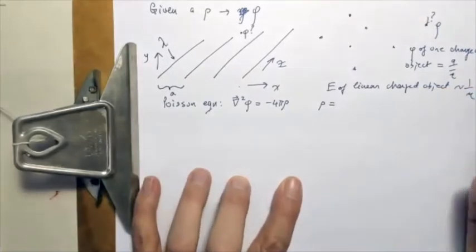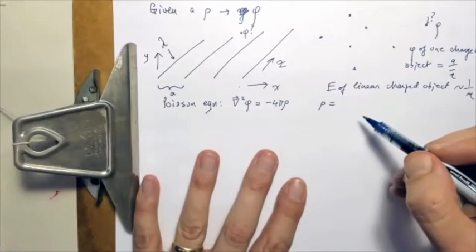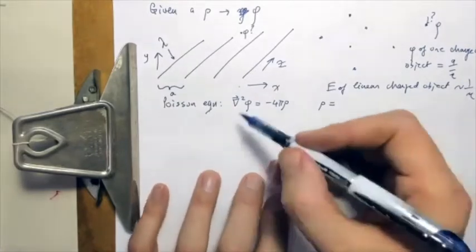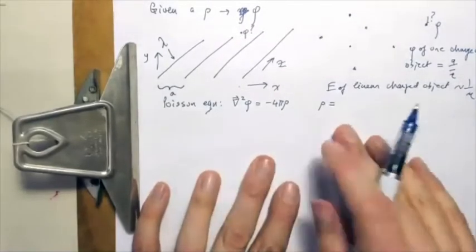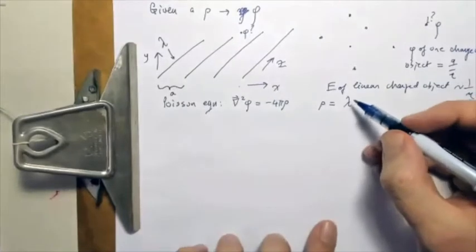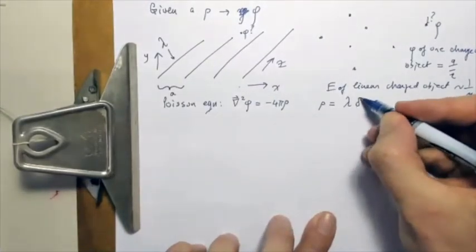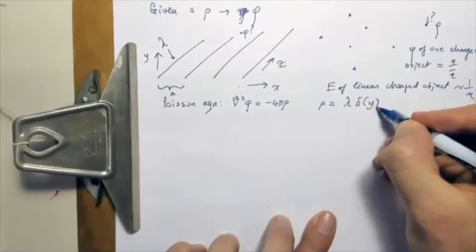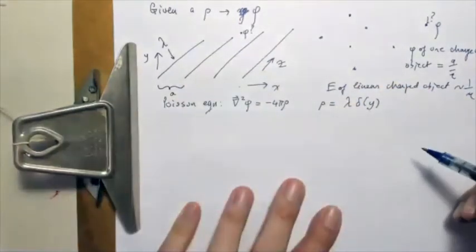So it's an infinite set of wires, in the z direction and in the xz plane. They have a linear charge density lambda. They are located in that plane, so that means we need a delta function of y because they're in that plane at y is equal to 0.